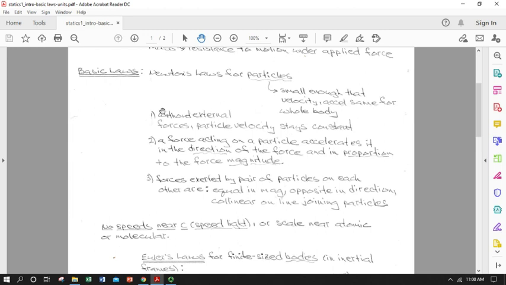So how do we apply Newton's second laws to something really tiny like that we can treat like a particle? Well, we can say without external forces, the particle velocity stays constant. So that's, bodies that are at rest stay at rest unless acted upon by an external force. There you go. That's that familiar Newton's laws. Constant velocity means rest. So that means if it's stationary, it won't develop a velocity, a linear velocity in any direction, and it also means it can't travel in a curved path, because anything that is not traveling in a straight line is going to have a radial component of acceleration.